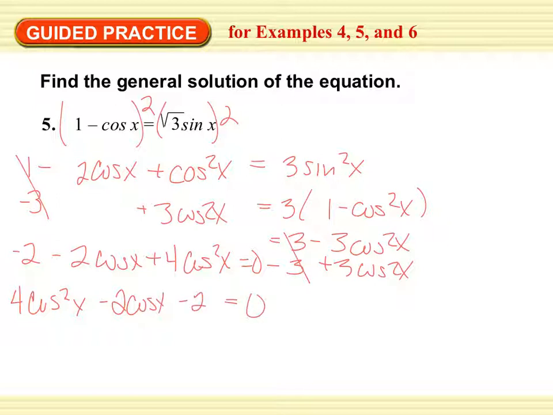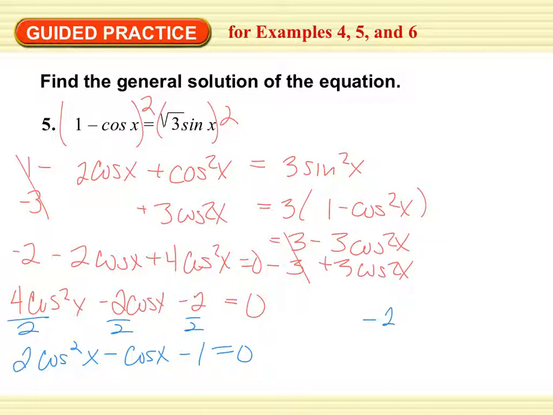I can actually factor a 2 out of everything. I get 2 cosine squared x minus cosine x minus 1 equals 0. I don't think I can do the a times c. A times c is negative 2, so I need two numbers that multiply to negative 2 and add to negative 1.